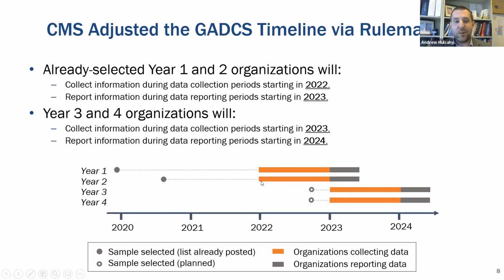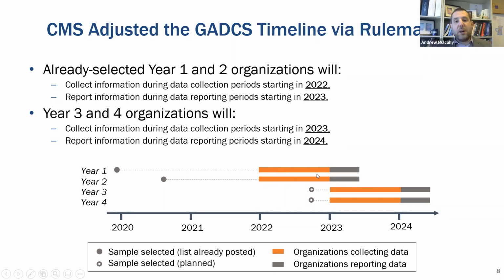You'll notice that for year one and year two, things overlap because of the way that the changes in timelines due to the public health emergency worked out. Year one and year two will now go together. And then after the end of that 12-month period, you'll report over a 5-month period.